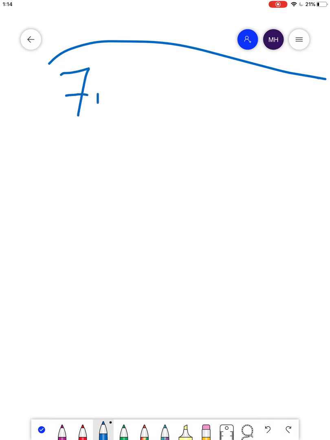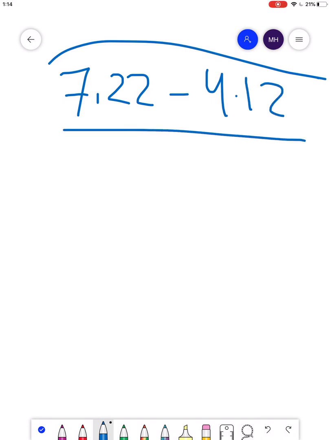Now subtracting decimals is the same idea as adding. Subtracting decimals, I just do the same steps. Example, 7.22 minus 4.12. This is an easy example, as I told you, we write the numbers, we line up the decimal points, I write them exactly below each other.